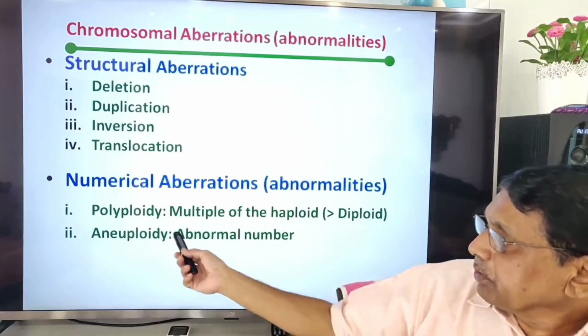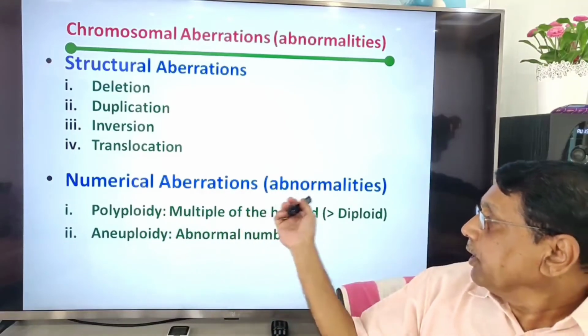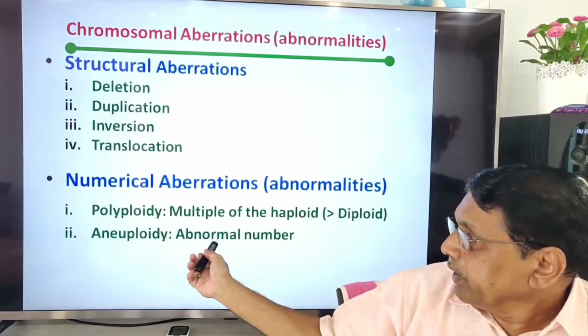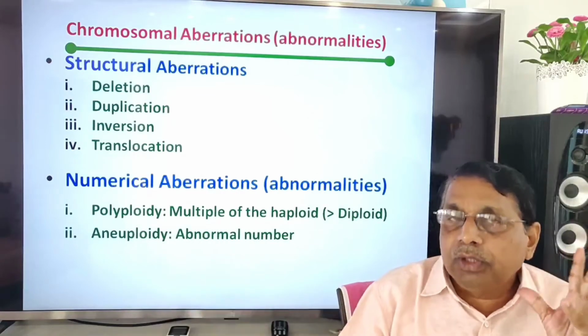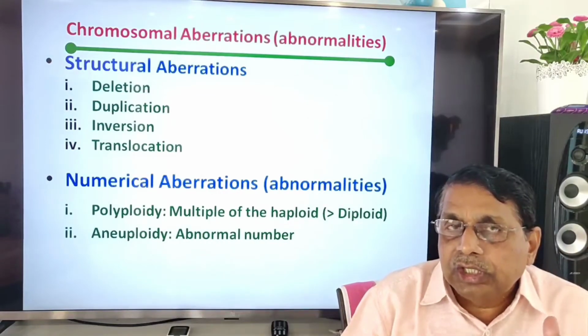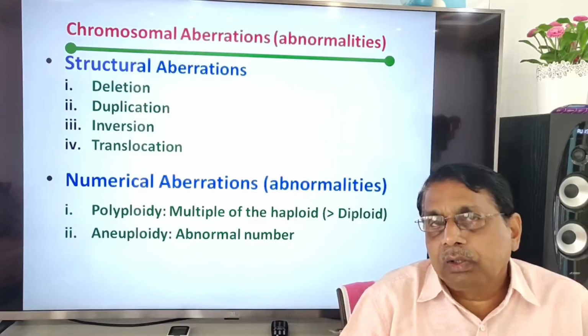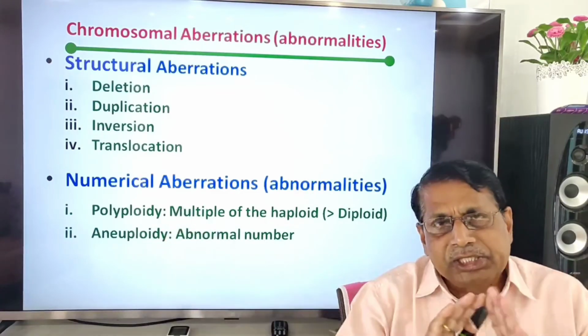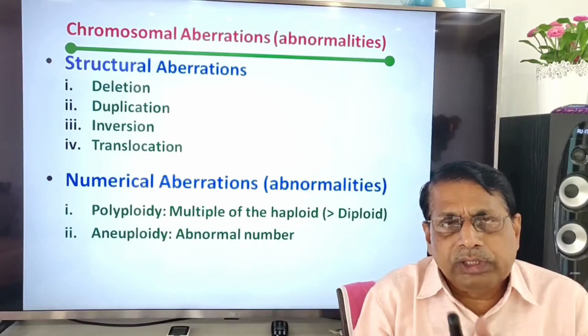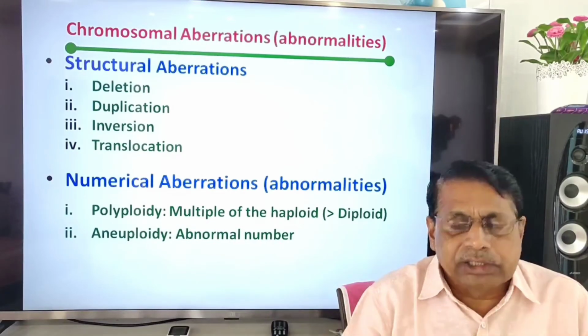Numerical aberrations: polyploidy, multiple of the haploids; aneuploidy, abnormal number, individual change in the number of chromosomes, either 1 or 2, but in polyploidy, complete sets, 2n, 3n, 4n, 5n, like that.